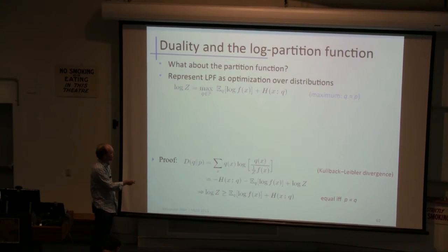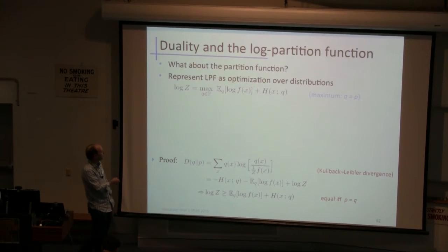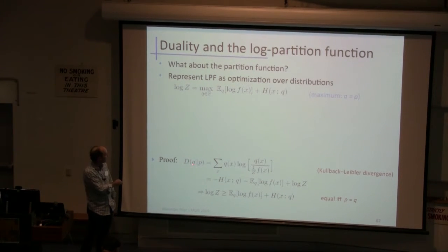If you just rearrange this, you'll get Q log Q, which is the negative entropy of Q, minus Q log F here, plus Q log Z, but since that's a constant, that's just log Z. And the KL divergence between two distributions is the pseudo distance between those distributions. It's always non-negative. And so since this is greater than 0, we can move log Z over.